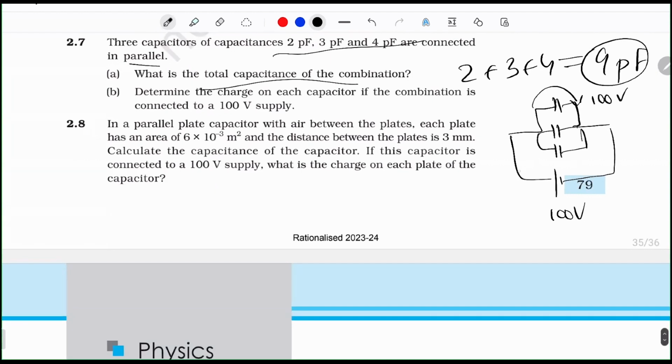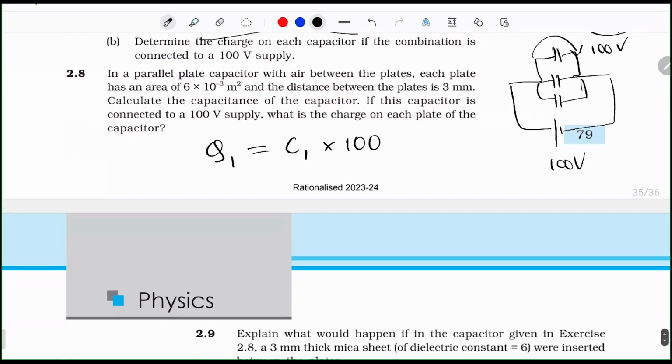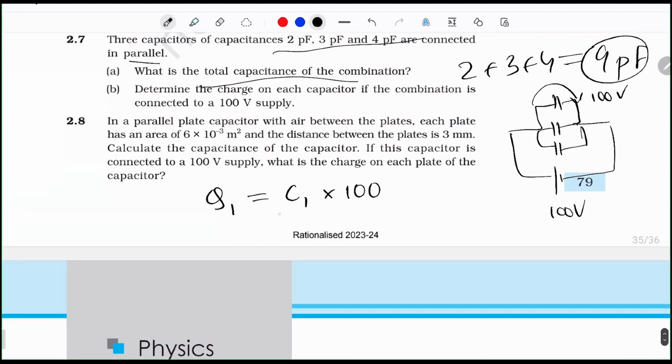To find the charge on each capacitor, the charge on capacitor 1 is simply the capacitance times the potential difference, which is 100 volts. C1 is 2 picofarads, so it is 200 picocoulombs, which is 0.2 nanocoulombs, a very tiny charge.